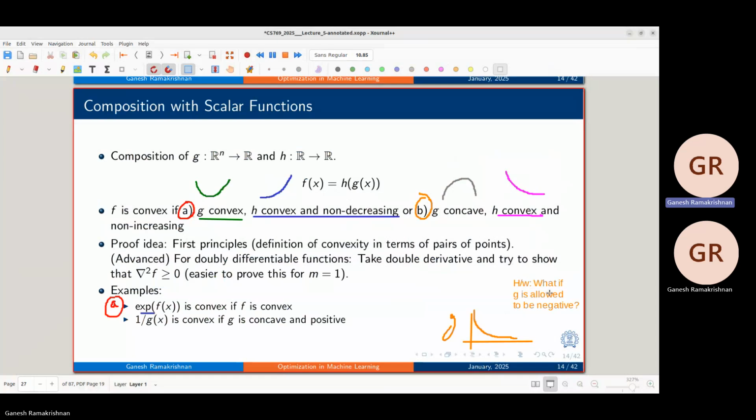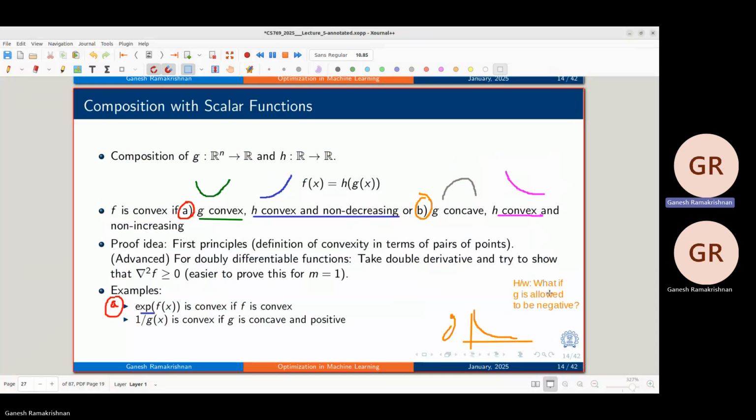And 1 by x, which is h, is convex. G is of course positive.